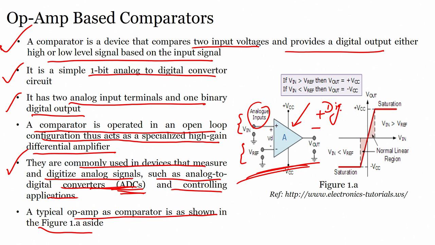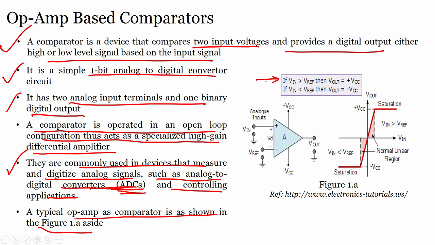You see figure 1a, which is your figure. Now, what exactly is this figure, let us see. Consider the first case: when V in is greater than V reference, then V out is plus VCC.